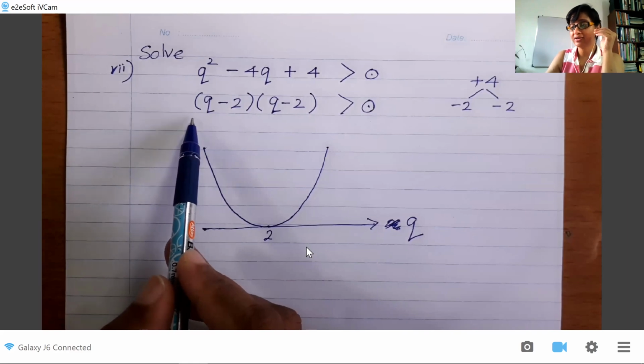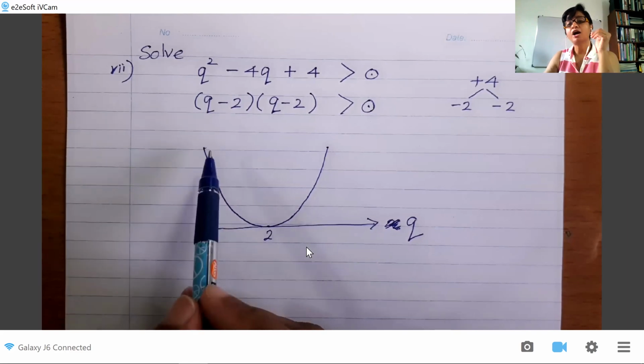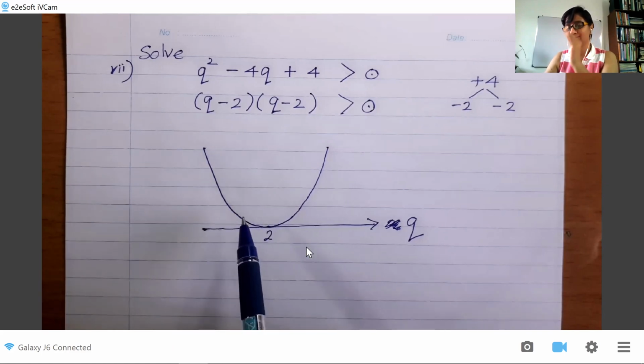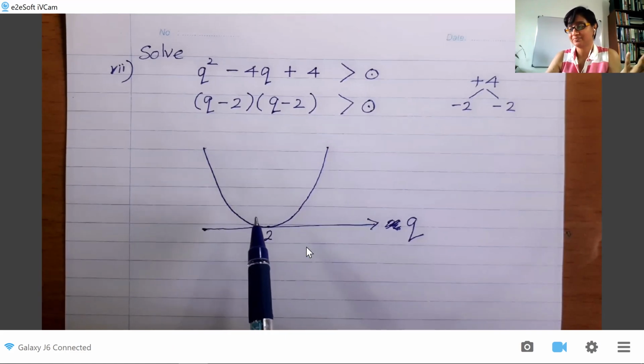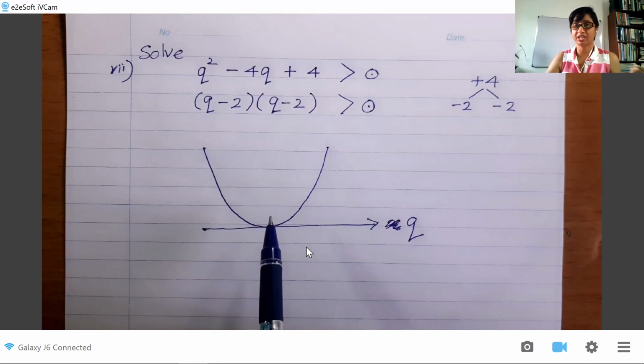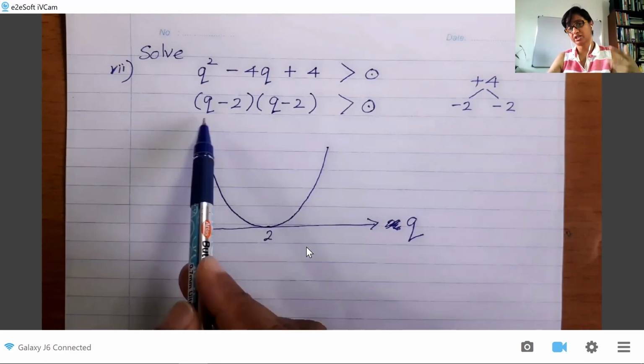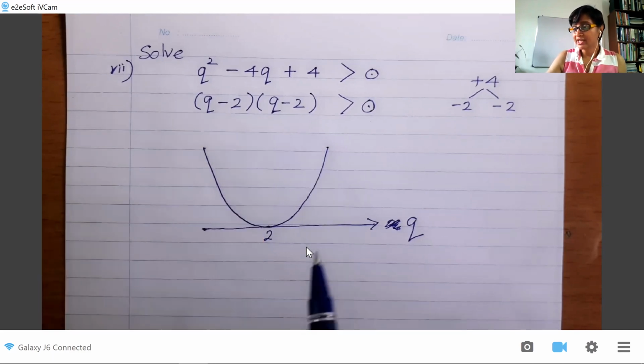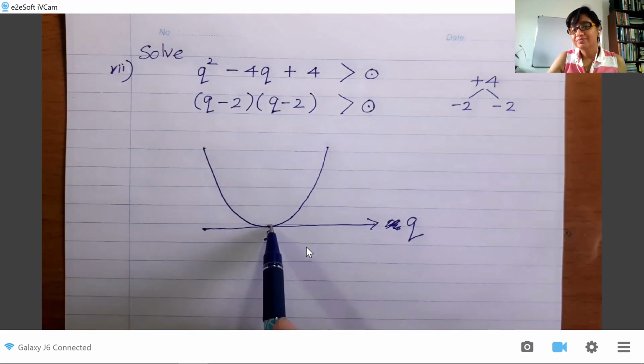Now I have graphed how that expression behaves for different values of q. That is the function, that's the meaning of function. I'm showing how this expression is functioning for different values of q. When q equals 2, the value of your expression is 0.